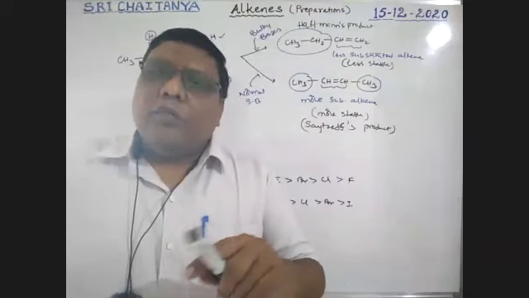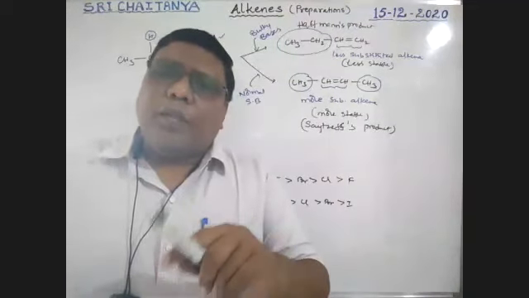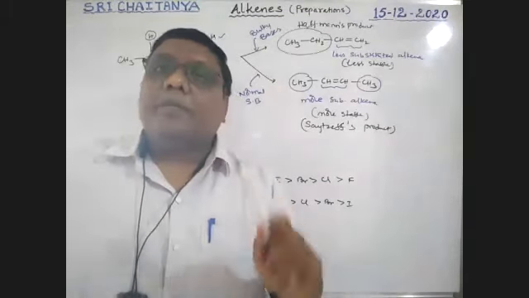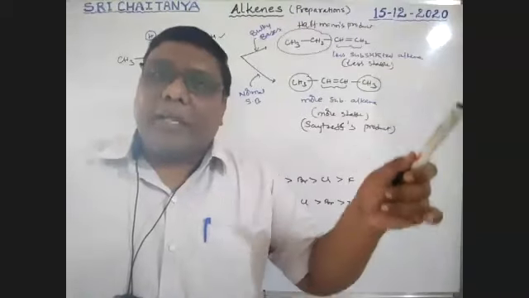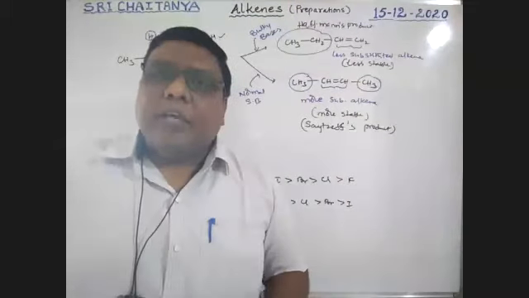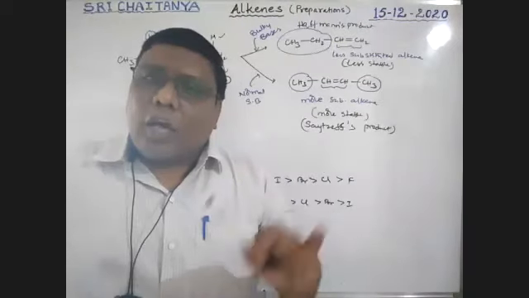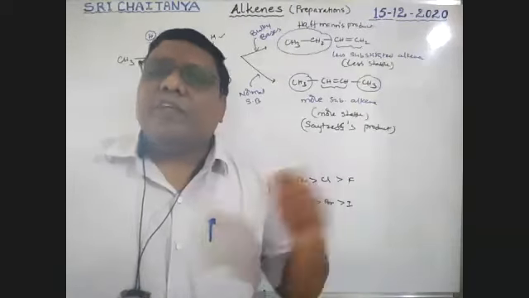Bromine and iodine generally give the Saytzeff product. Bulky base, please identify your bases. Bulky base is there, normal base is there. If a bulky base is there, the Hofmann product is the major one. If a normal base is there, the Saytzeff product is the major one.